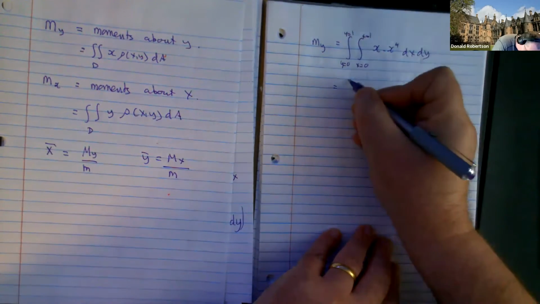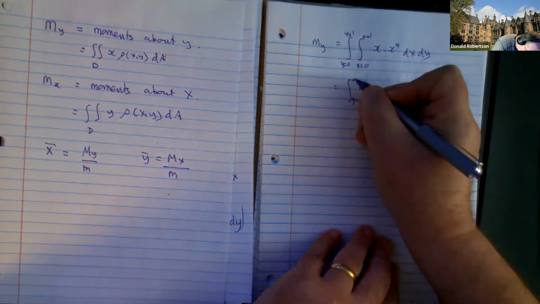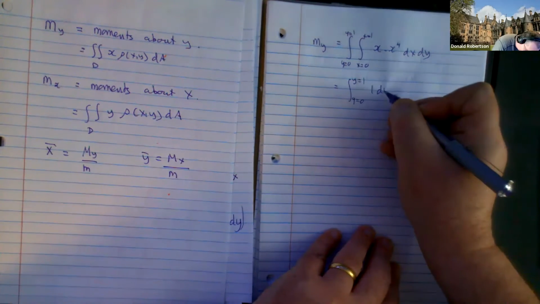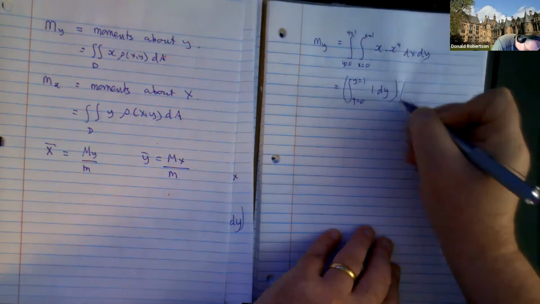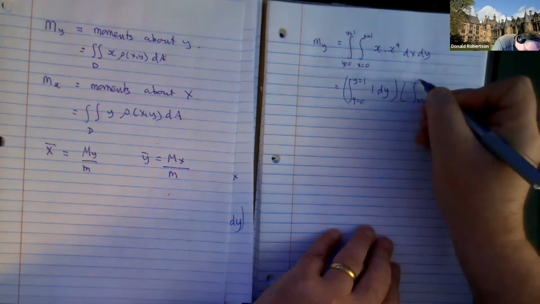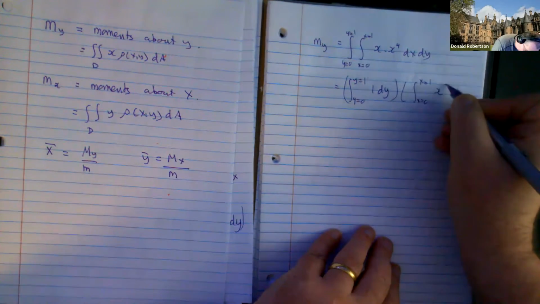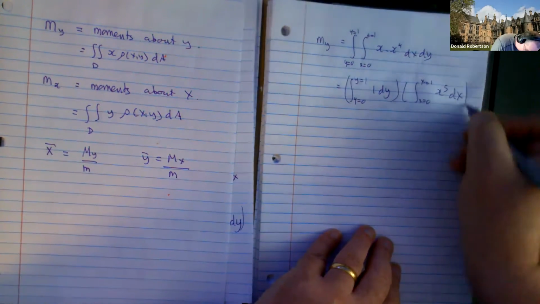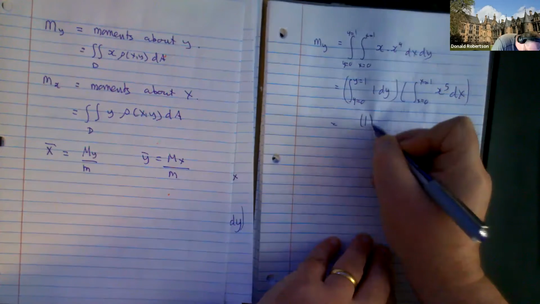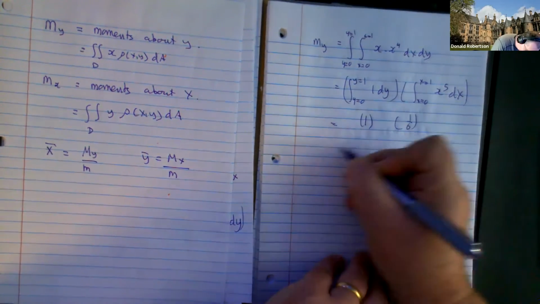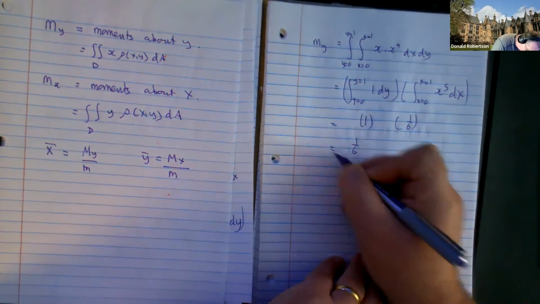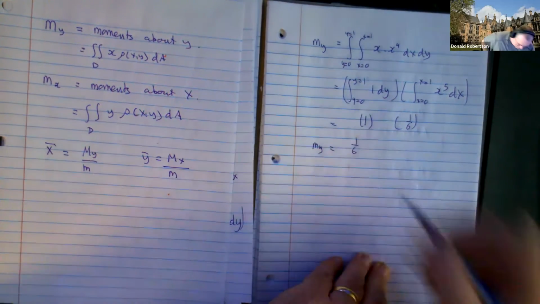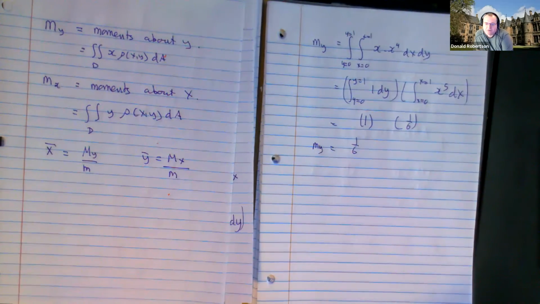But these separate anyway, so it really didn't matter. And you're going to trust me that that's 1 and that's a 1/6. So this ends up being a 1/6. Are you comfortable with the answer?